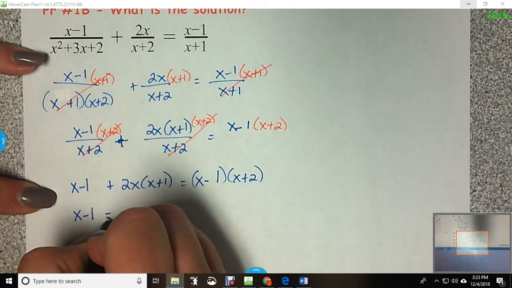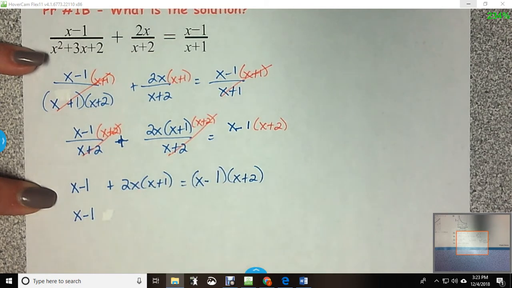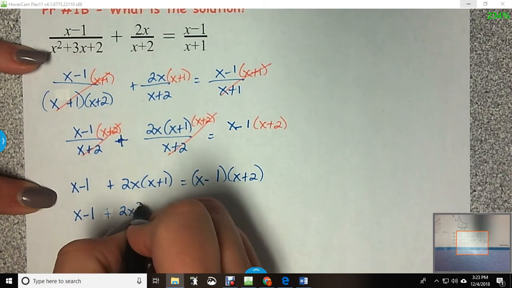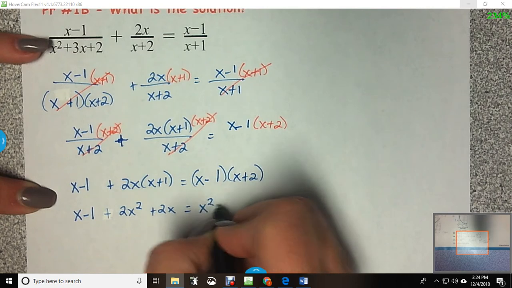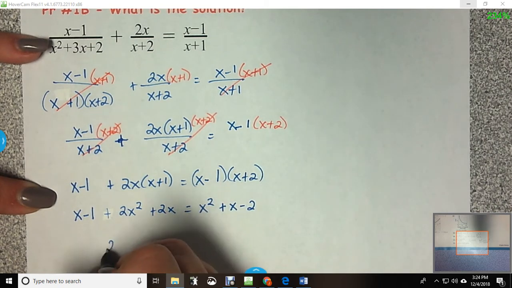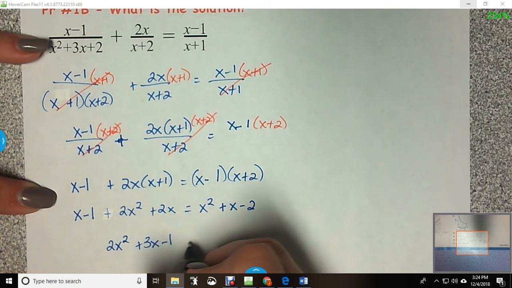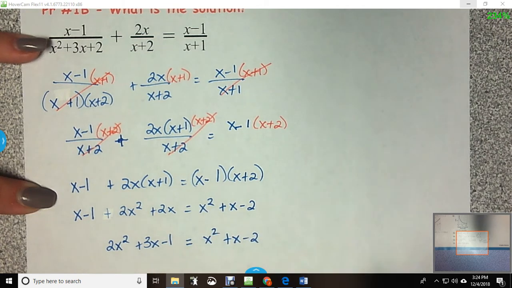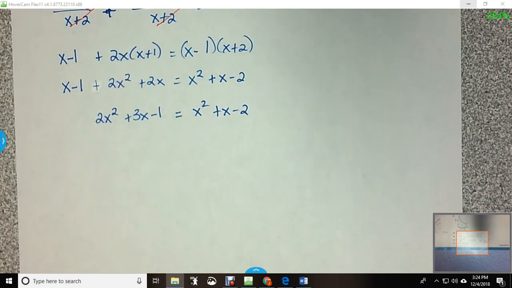So now, let's get rid of our parentheses and combine like terms. All right, all of my parentheses are gone. I've combined like terms.